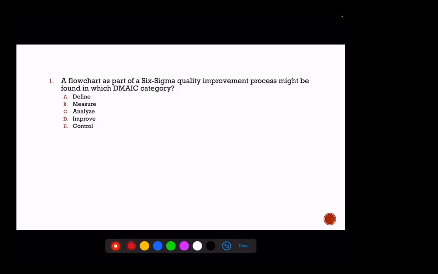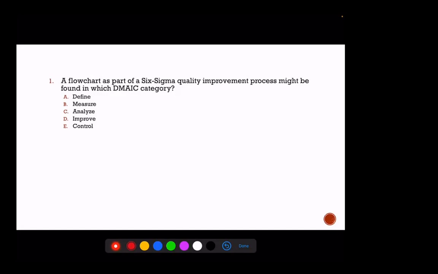A flow chart as part of the Six Sigma quality improvement process may be found in which DMAIC category? A, define, B, measure, C, analyze, D, improve, E, control. Which one? No, this is not the correct answer.